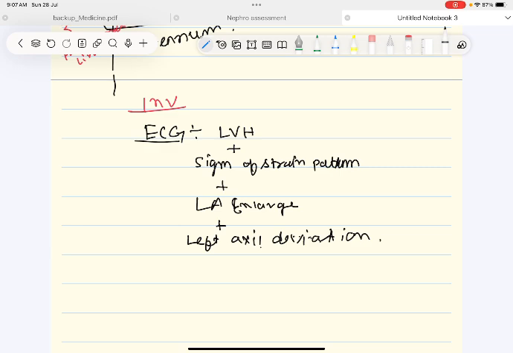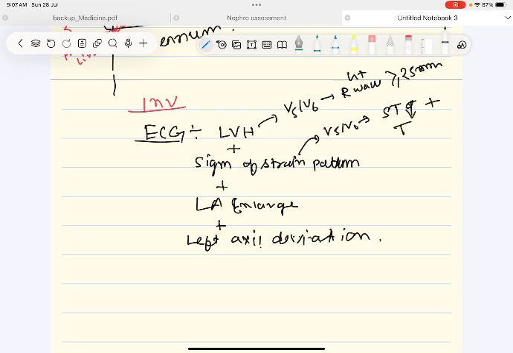The criteria for LVH: since the left ventricle is denoted by V5 or V6, if the height of the R wave is more than or equal to 25 millimeter, then we can call it LVH. And strain pattern means in V5 or V6 we can get ST depression plus T wave inversion.